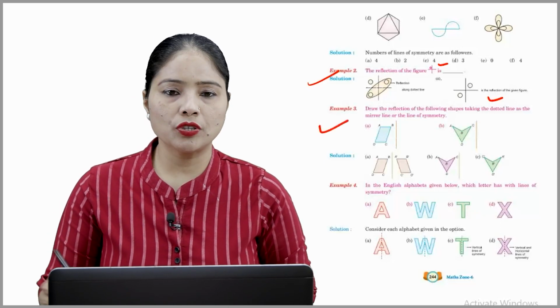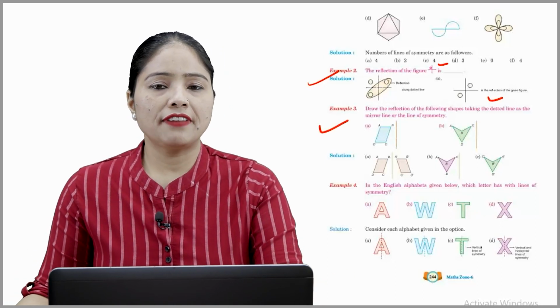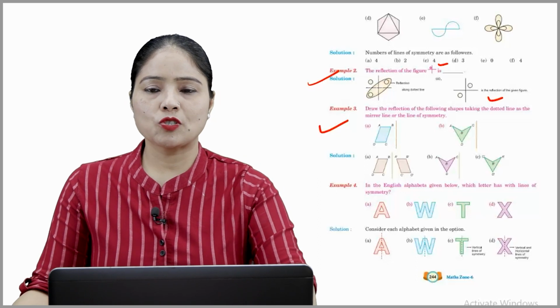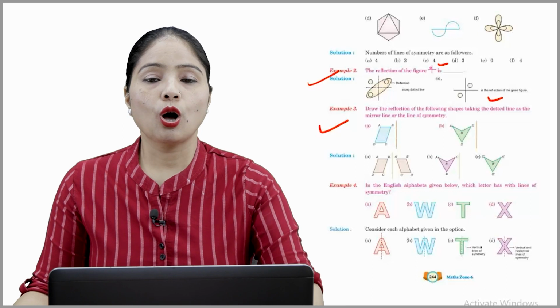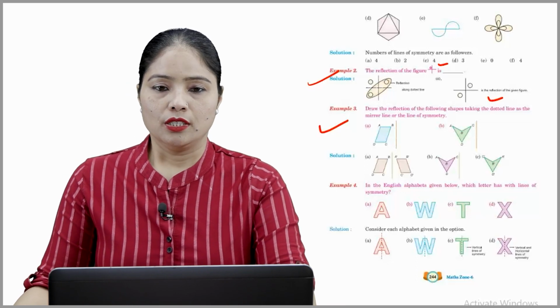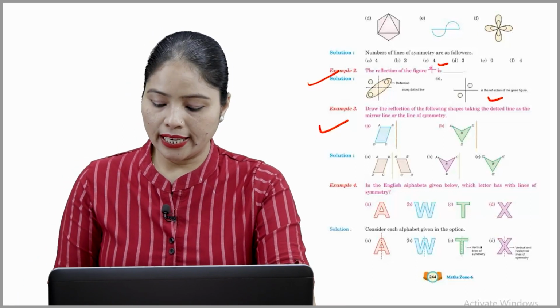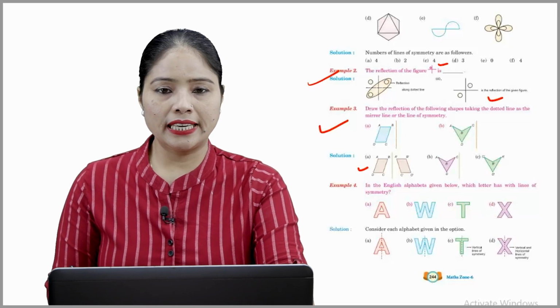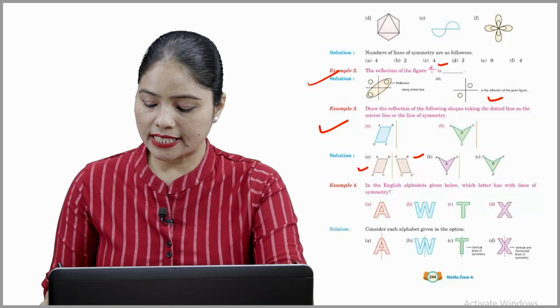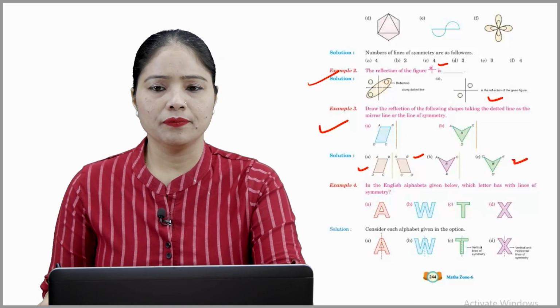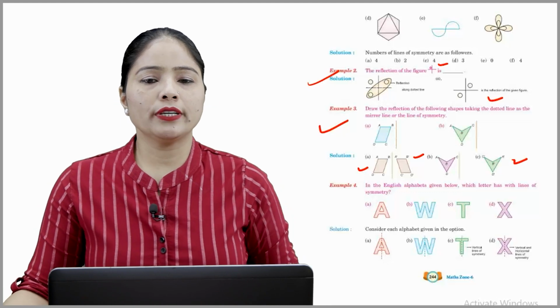Now example number 3. Draw the reflections of the following shapes taking the dotted lines as the mirror lines or the line of symmetry. So what will you do, we have a figure here, place a mirror in front, and what does it become, its symmetry. Similarly, its symmetry becomes this. Okay beta, I hope you understood well.